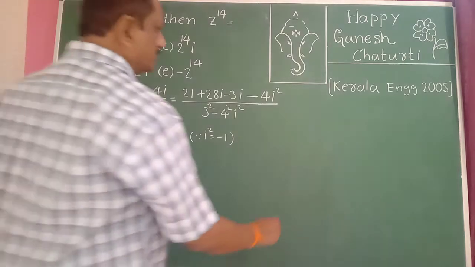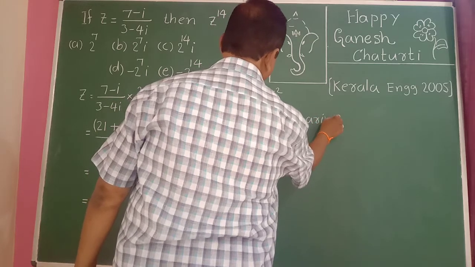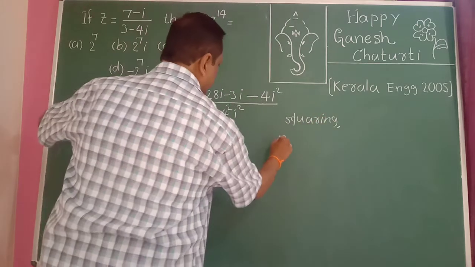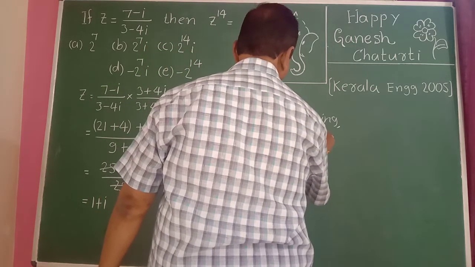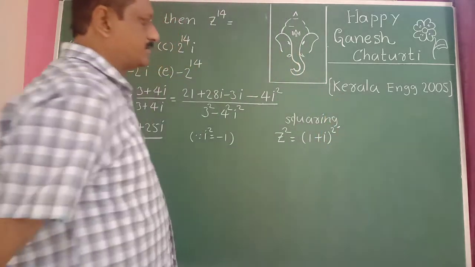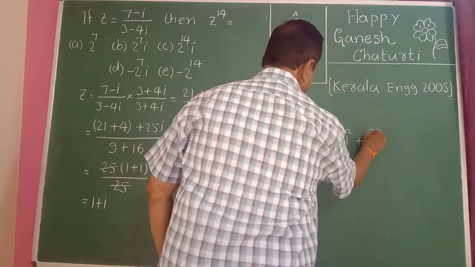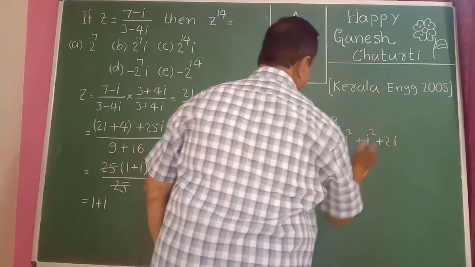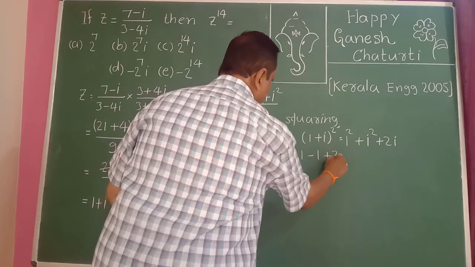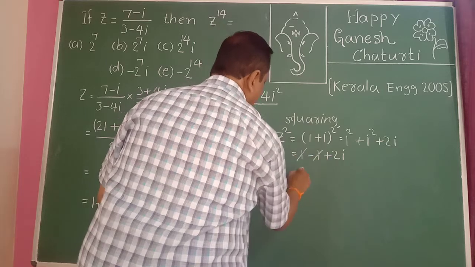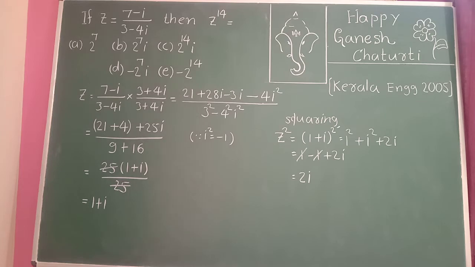Then squaring on both sides, we get z square is equal to 1 plus i whole square. 1 plus i whole square is 1 square plus i square plus 2i. Therefore, 1, i square is minus 1, so minus 1 plus 2i. Then 1 minus 1 cancels, remaining 2 into i. So z square is equal to 2i.